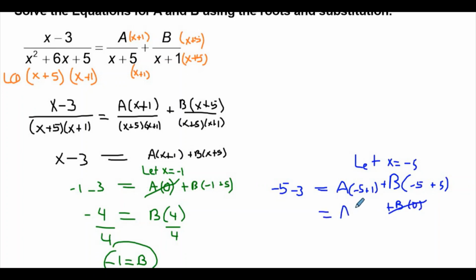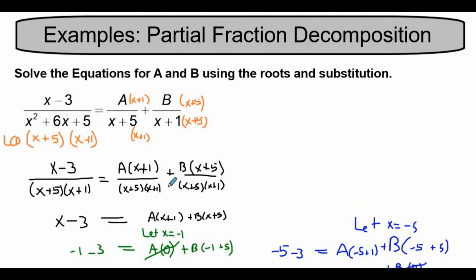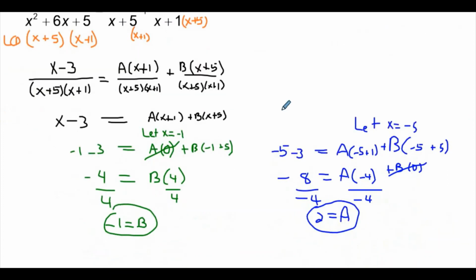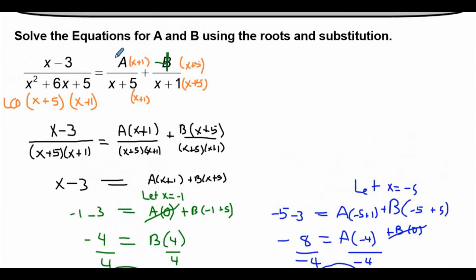This becomes a times -4, and this becomes -8, so I can very easily solve for a. A is 2. So what in the world does this do for me? If I come back up and plug them into the numerator, so if I come back up here and say, hey, b is -1, right? So b is -1, and a is 2.